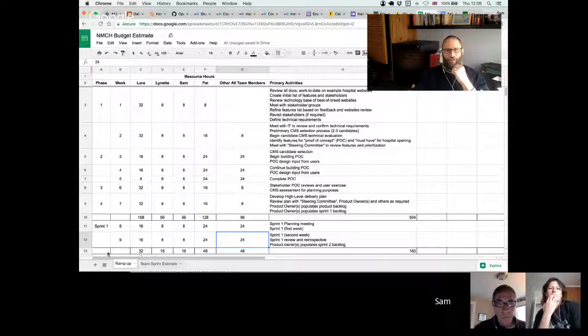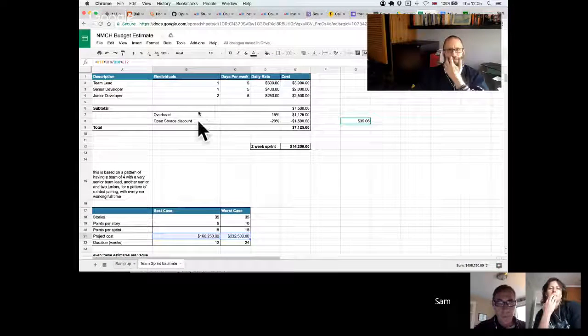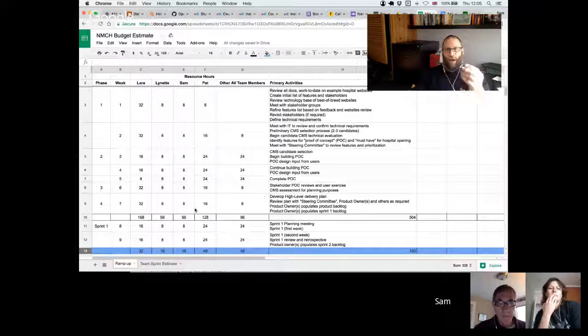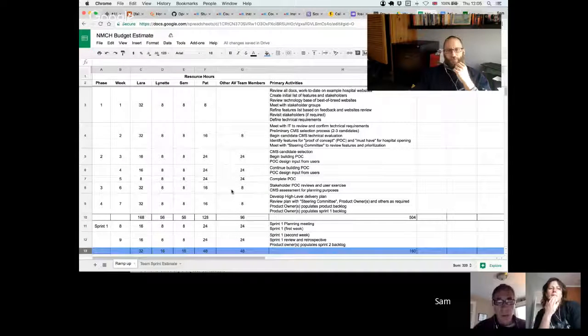That sprint figure needs to be reconciled with this. One could adjust this to include the non-technical staff and so on. Well, maybe on the ramp up we don't show the hours. You don't necessarily have to show any of them.